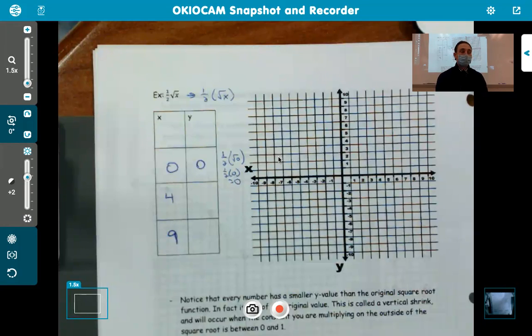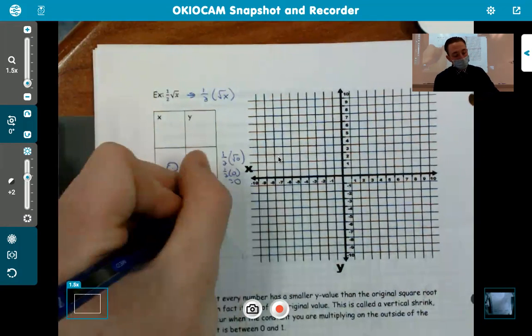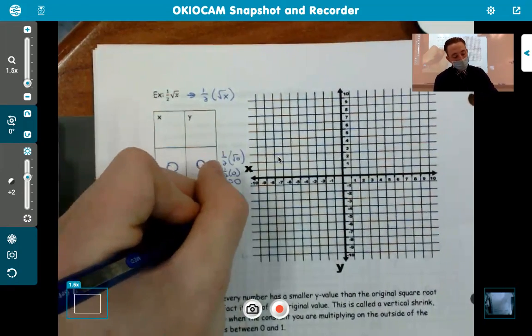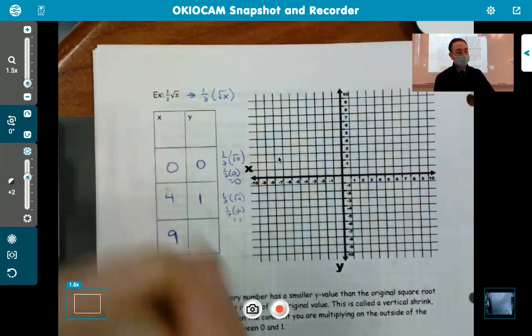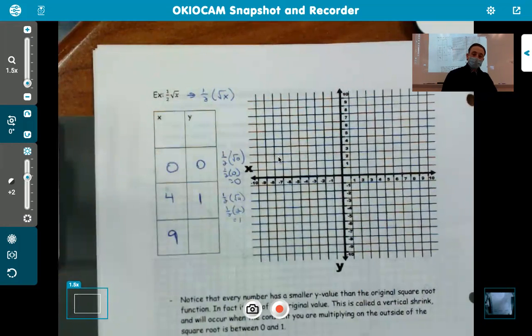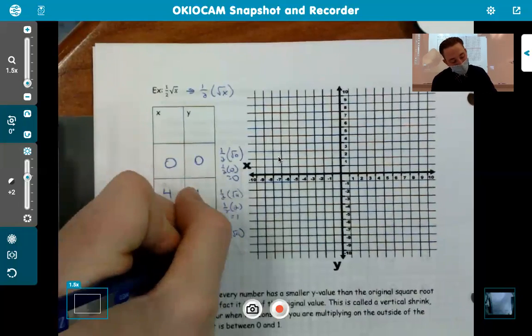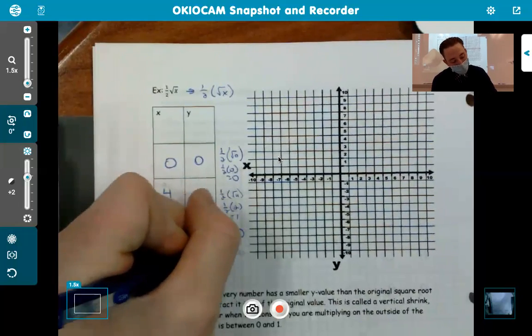Okay. What's the square root of 4? And what's 1/2 times 2? 1. What is the square root of 9? 3.